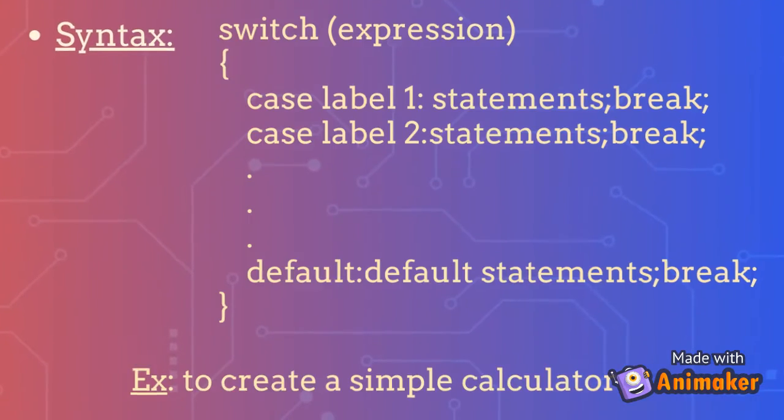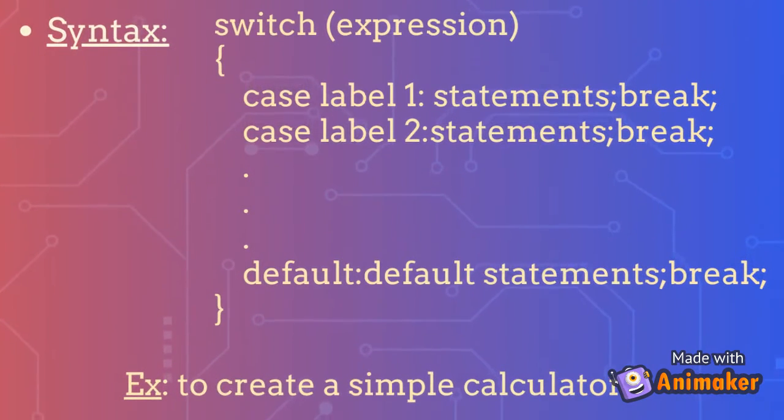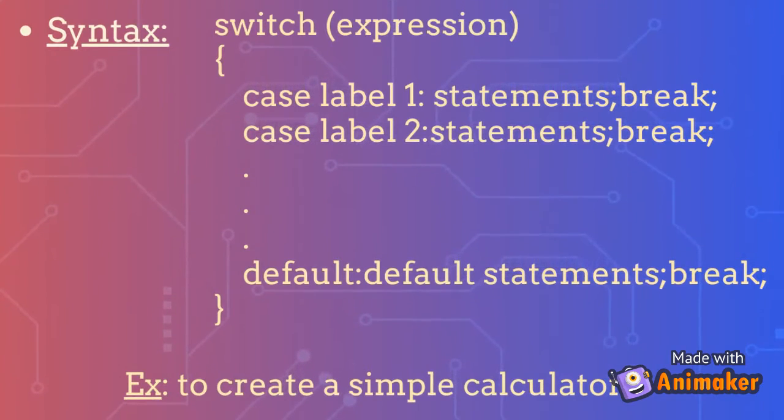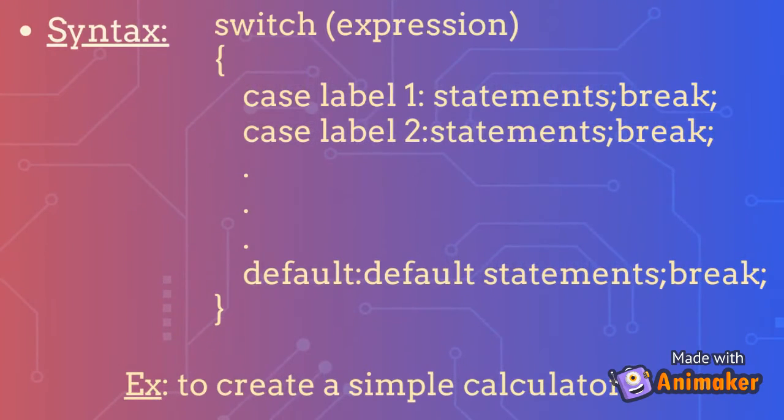Syntax is switch, the expression given in circular bracket, curly bracket open, case, label 1, statements, break, semicolon, case, label 2, statements, semicolon, break, and so on, and the default statements. Expression is compared with labels.